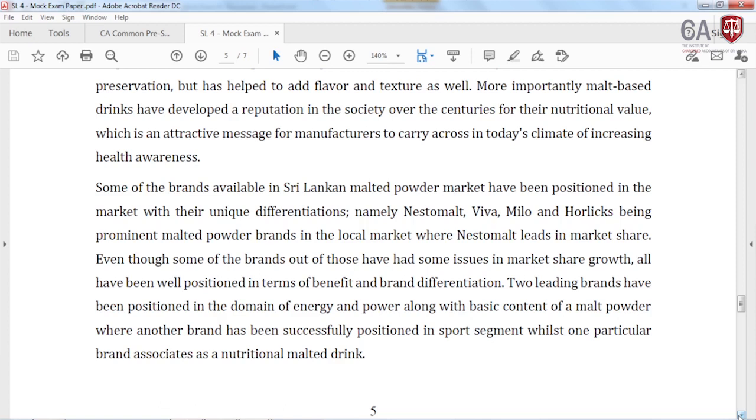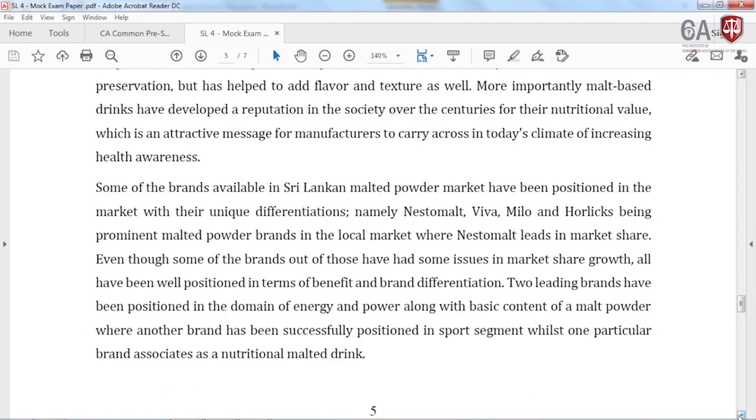So, all the players in the industry have focused on the differentiation element. Therefore, cost leadership is not possible in this segment.